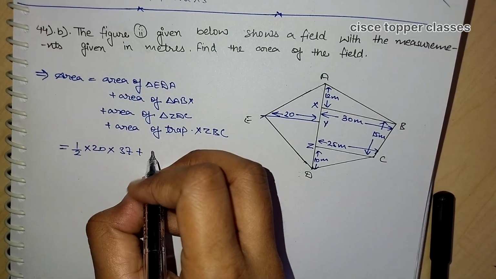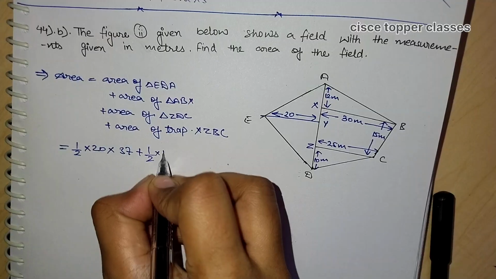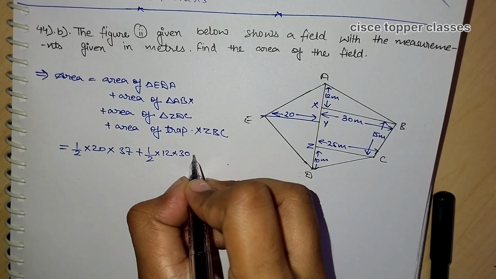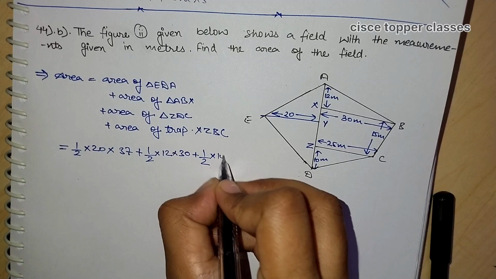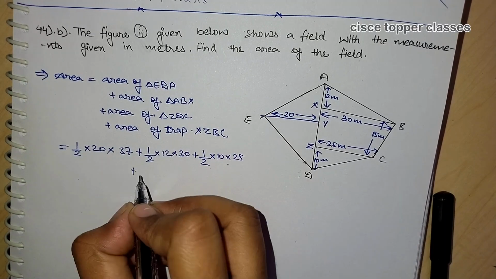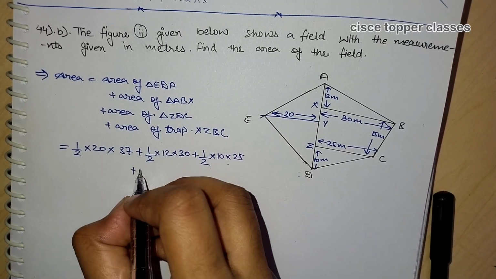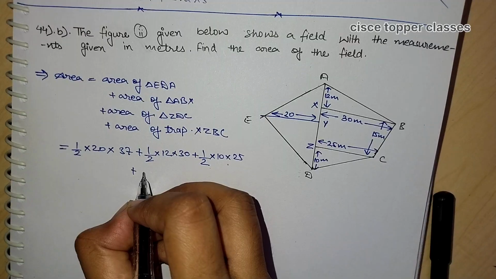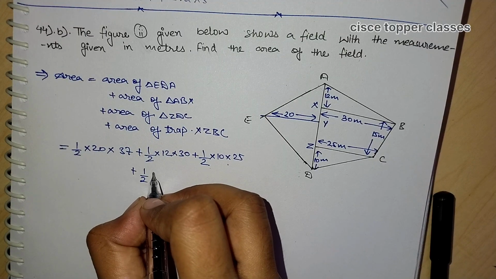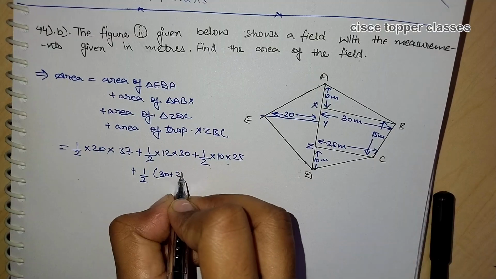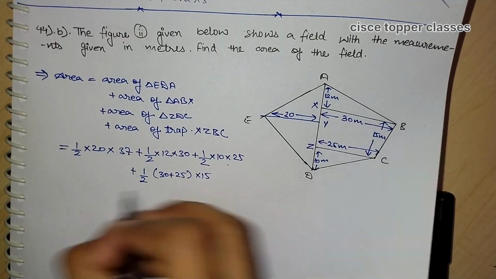Now we will write area of triangle ABX: half again 12 into 30, base into height, plus area of triangle ZDC, again base into height, 10 into 25, plus area of trapezium XZBC, which will be 1 by 2 addition of the parallel sides, 30 plus 25, into 15.